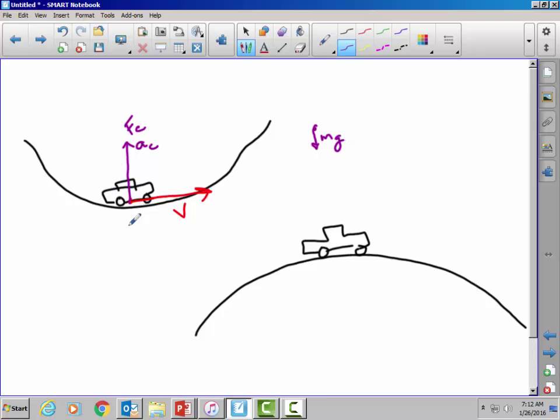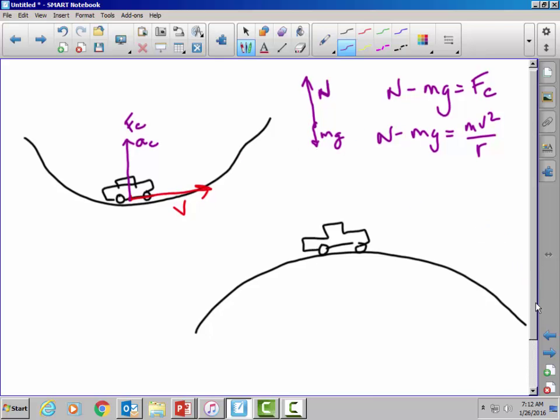The normal force between the car and the road. And that upward push should be much larger than the weight, because normal minus the weight, in this case, will give you your centripetal force. So same idea as your roller coaster and as your bucket of water. When it's at the bottom of the loop, whatever's pressing up from the ground has to be much larger, or it won't go in a circle.